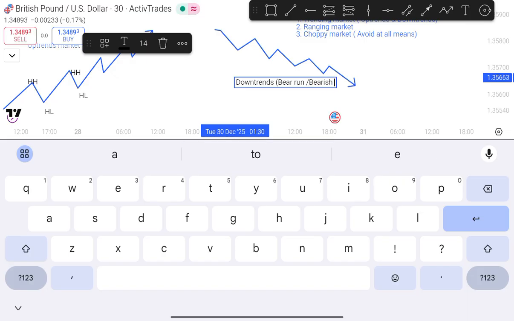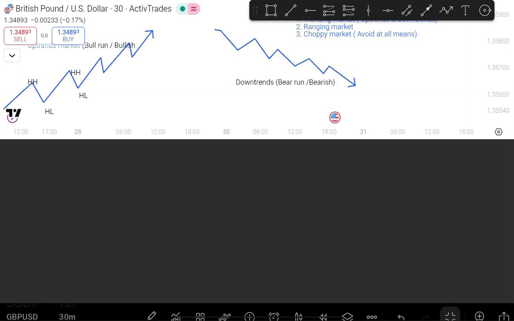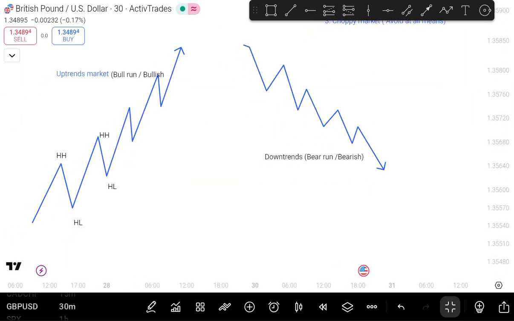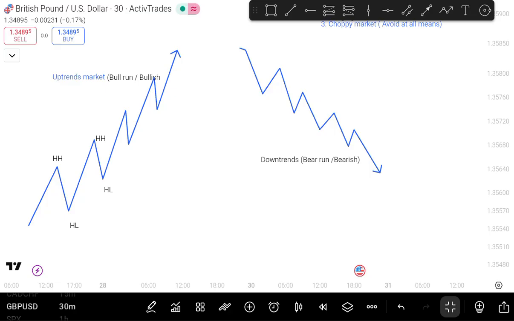Now, note that in an uptrend market, the market will form higher highs and higher lows.